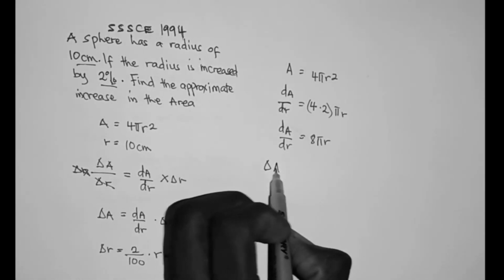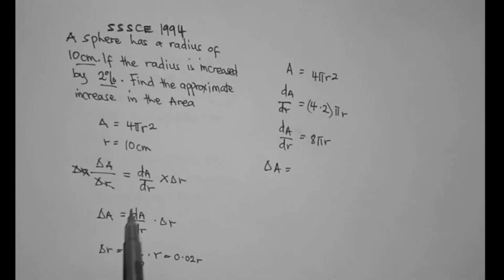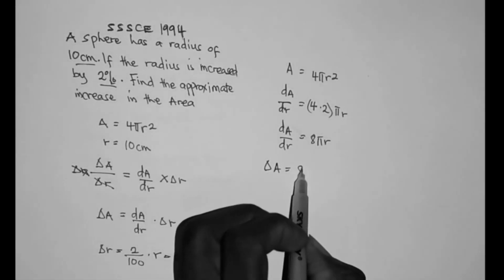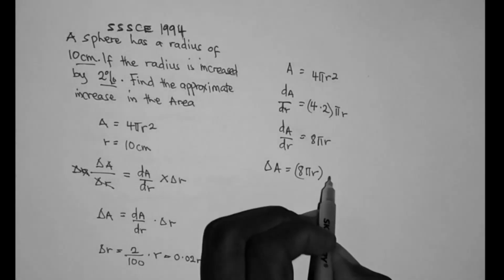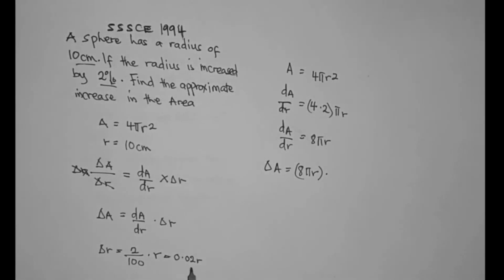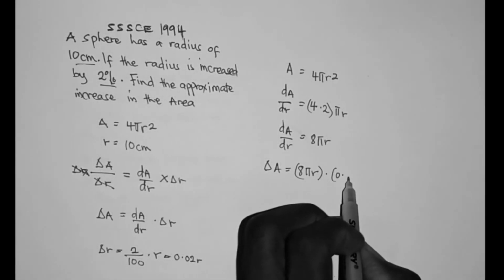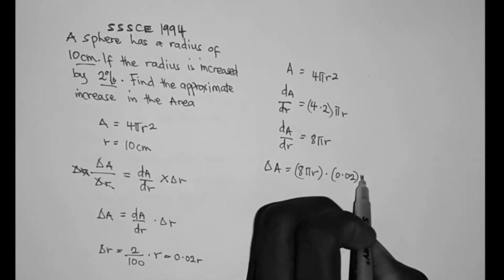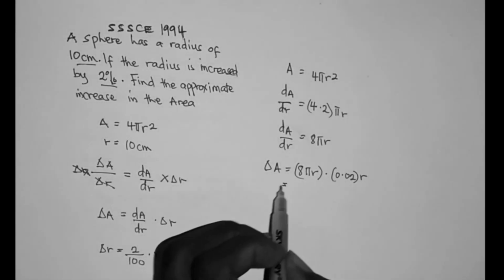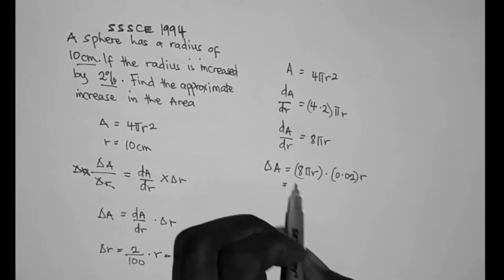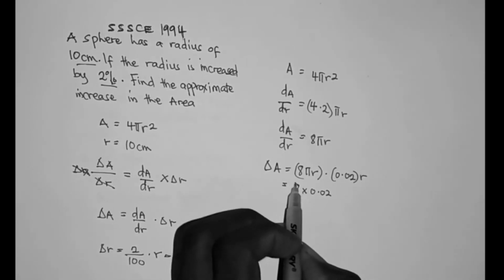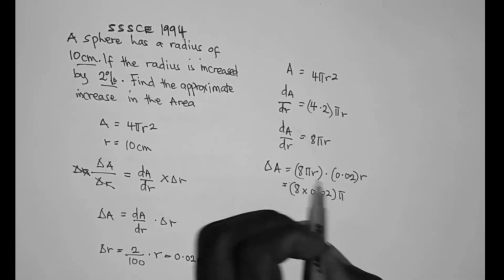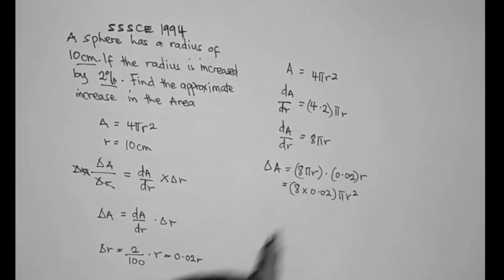So the increase in area delta A is equal to dA/dR, which is 8 pi r, times delta R, but delta R is 0.02 r. So this is equal to 8 times 0.02 in one bracket, then pi r squared.